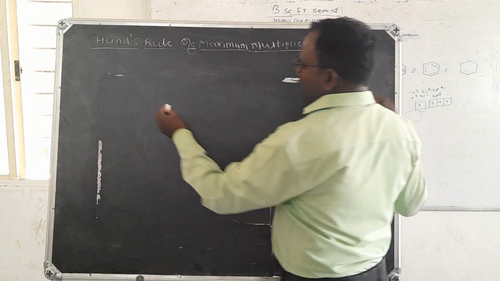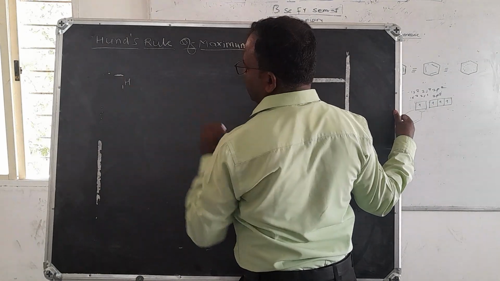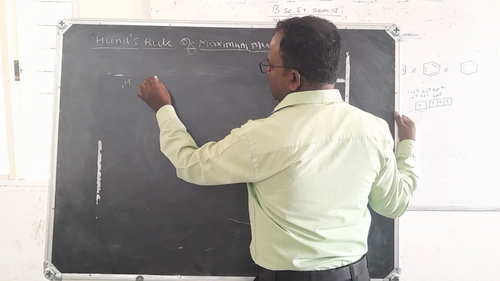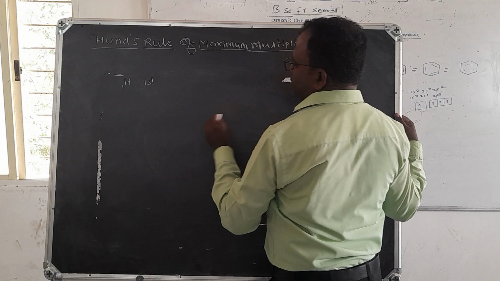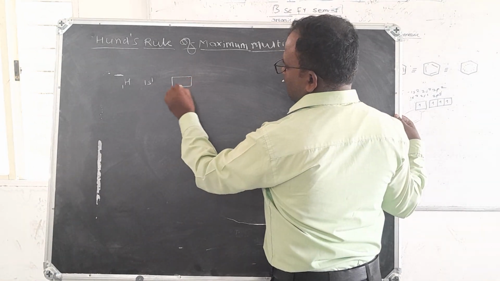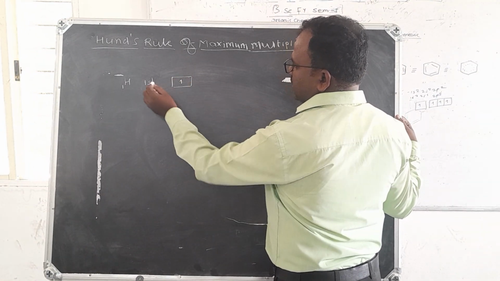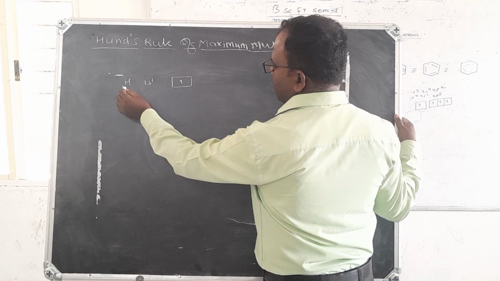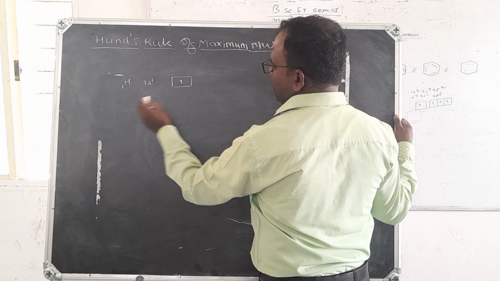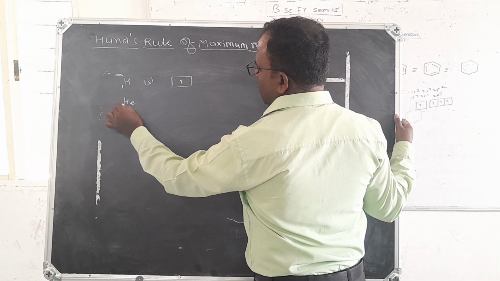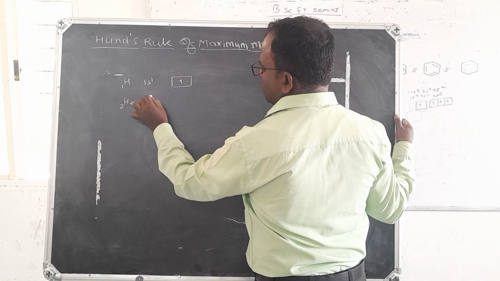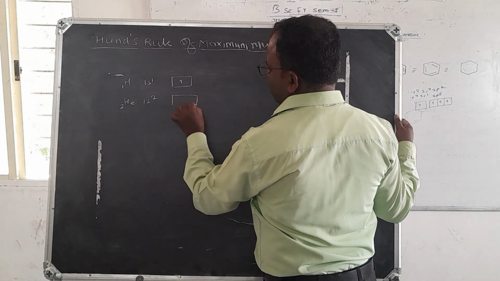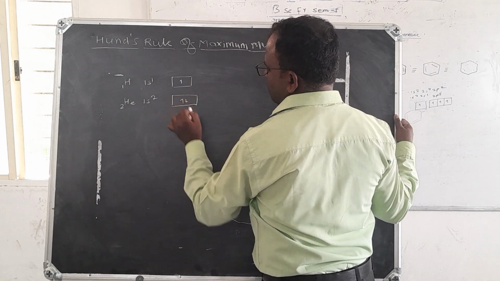For example, hydrogen has atomic number 1, electronic configuration 1s1. Only one electron is present. Helium, atomic number 2, electronic configuration 1s2.